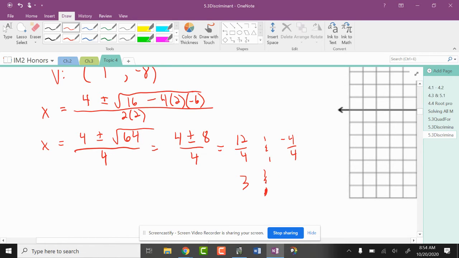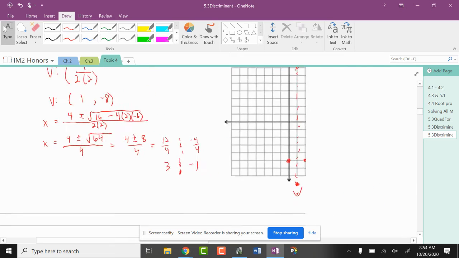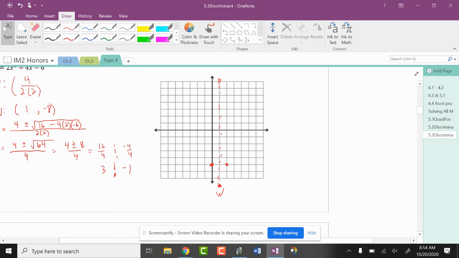So what does that make 3 and -1 for this graph? I actually just said it before this. The zeros, or for the graph, x-intercepts. You're done. So 3, 0, and -1, 0. Boom shakalaka.